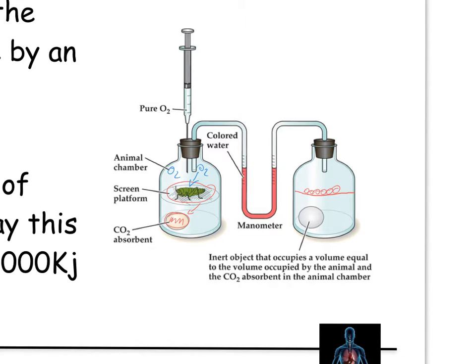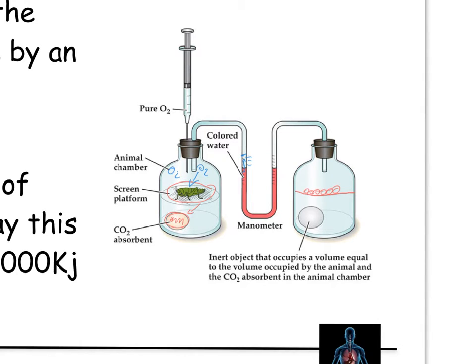So what happens over a period of time is that as the oxygen is taken up, and the carbon dioxide is absorbed, there becomes less gas inside the sealed chamber. And therefore the level of liquid will move up to fill that gap, and as it moves up there can be a scale along here that can be read off, and obviously it would need to be timed, and you can time how much oxygen is used up over a period of time.